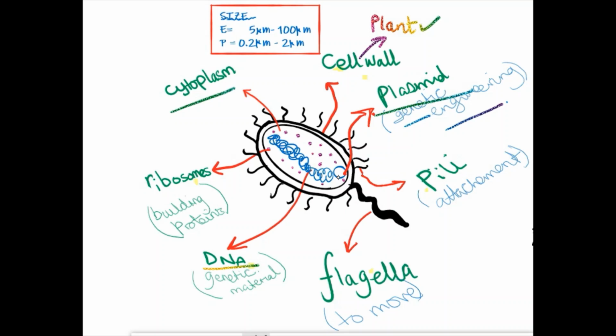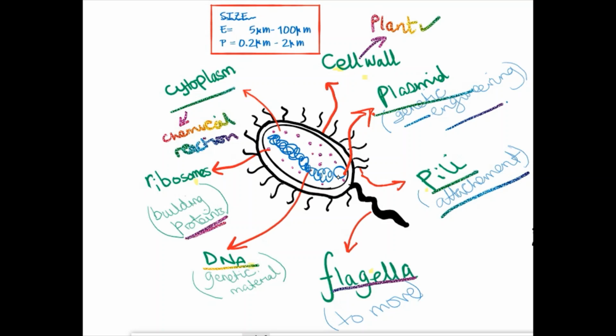The bacterial cell has structures called pili, which are responsible for attaching the bacterial cell to other cell surfaces. The bacterial cell needs to move, and it has a flagella which helps it to do that. It has cytoplasm, in which the chemical reactions happen, and it has ribosomes, which are involved in making proteins.